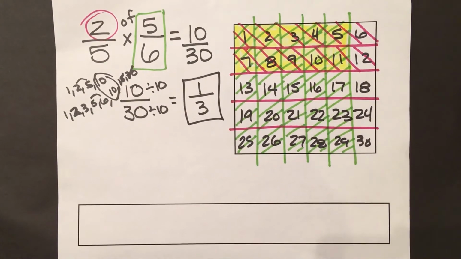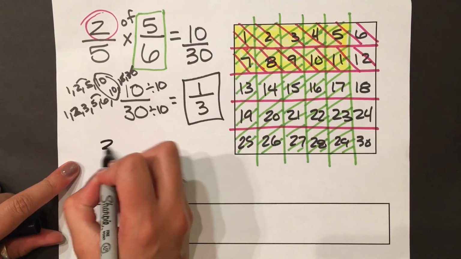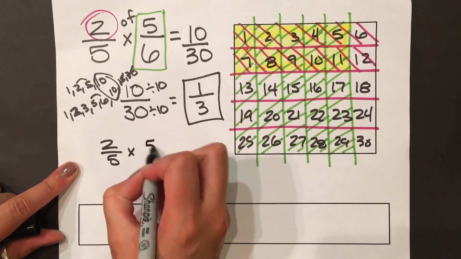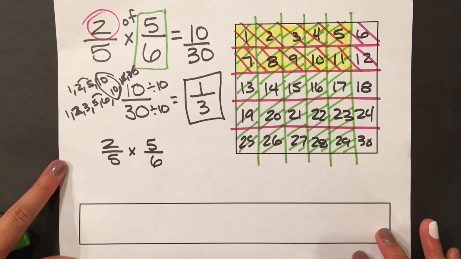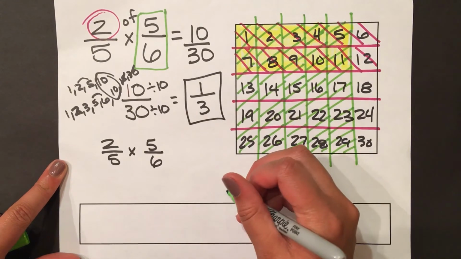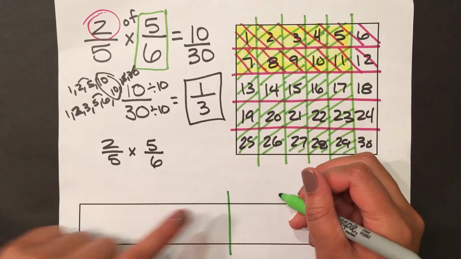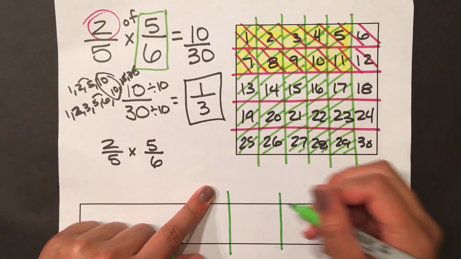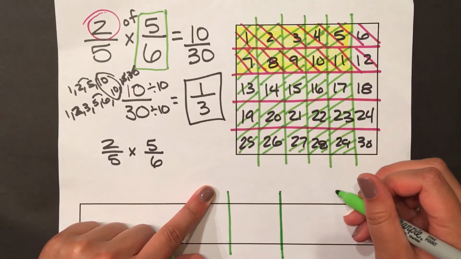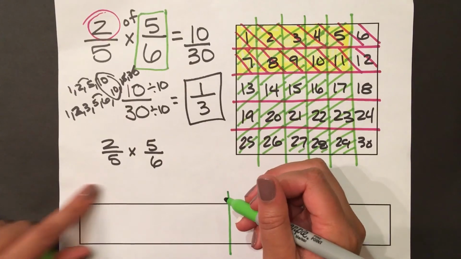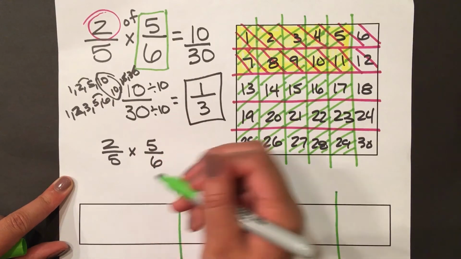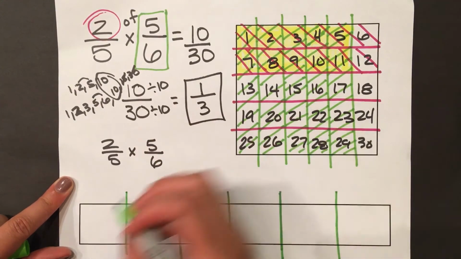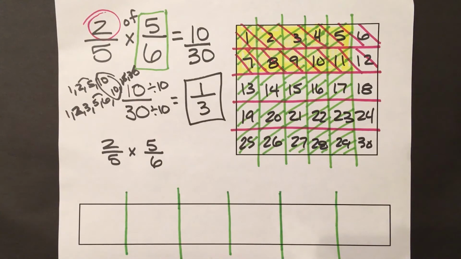Now we're going to model the same problem on the bar. So we're going to split it into sixths first. Remember, we're drawing long lines. We want 5 of them.